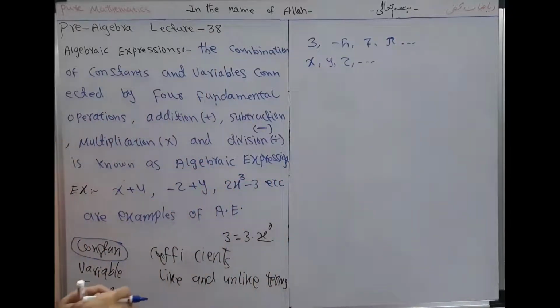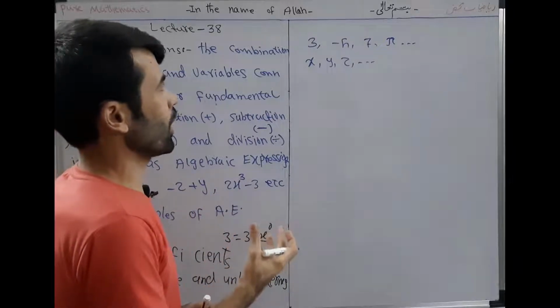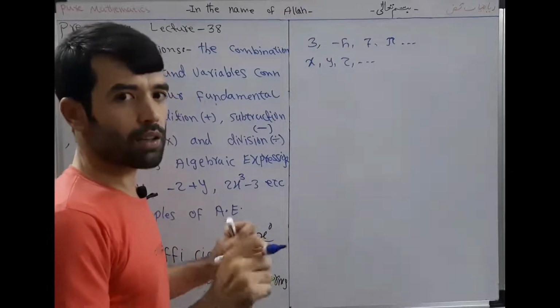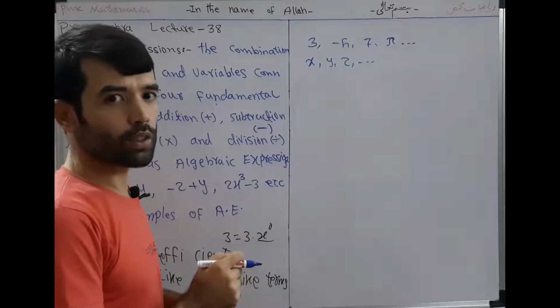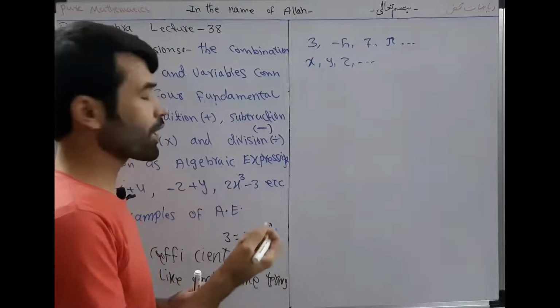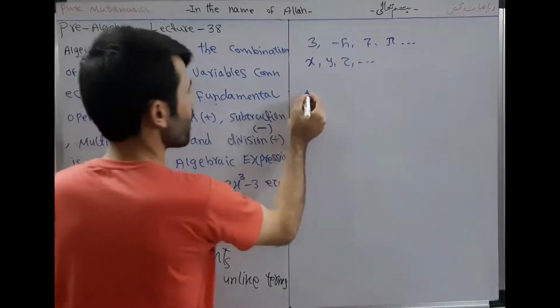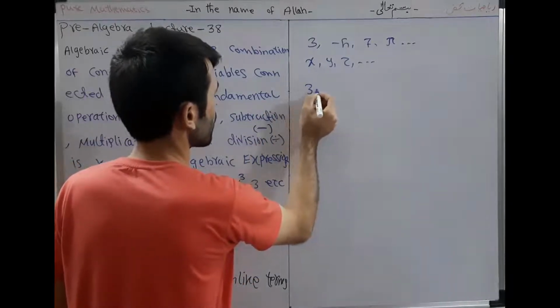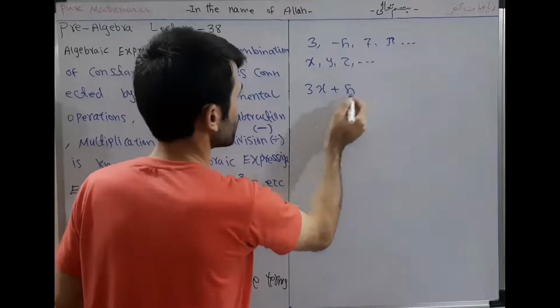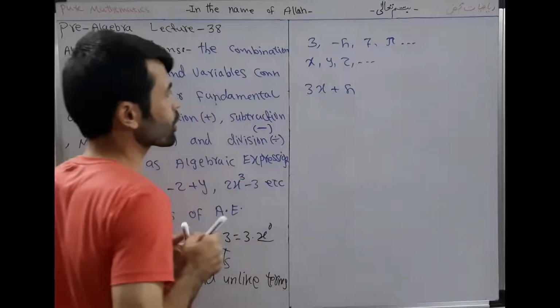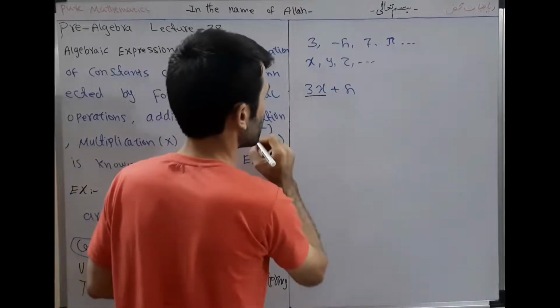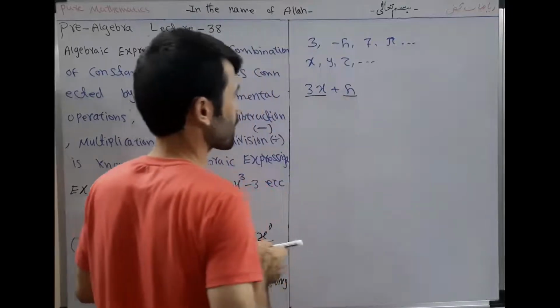Terms: those constants and variables which are separated by the operation of addition or subtraction are called terms. Here, if we see 3x plus 5, 3x is a term, also 5 is another term.